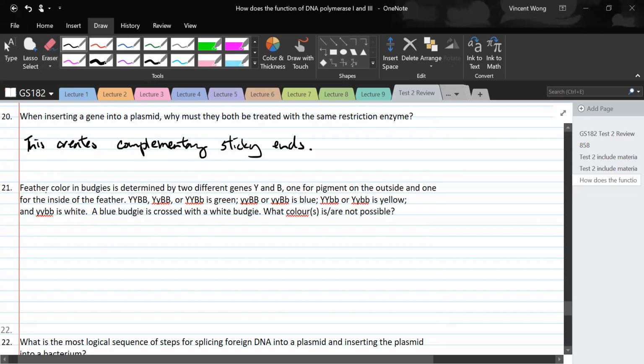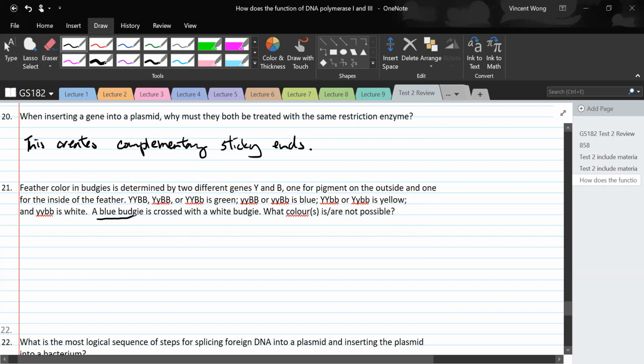It takes a little bit of time to figure out the pattern, but basically, if you have at least one big Y and one big B, all this is going to be green. If you have only big B and no big Y, it's going to be blue. Only big Y, but no big B, that's going to be yellow. And then it's going to be white otherwise.